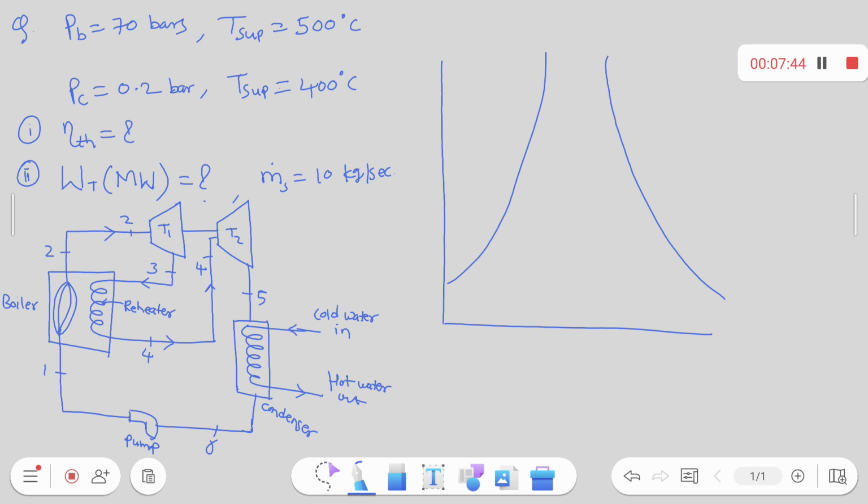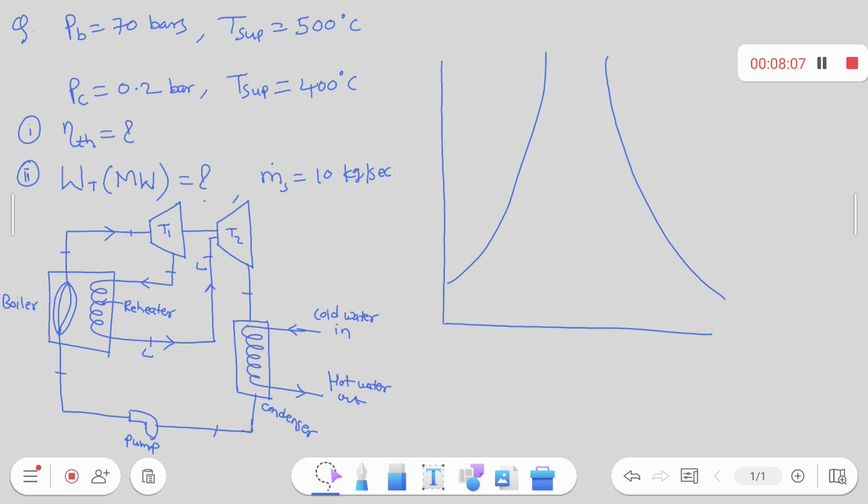Sorry, numbering we have to change a little. Actually this is 6.